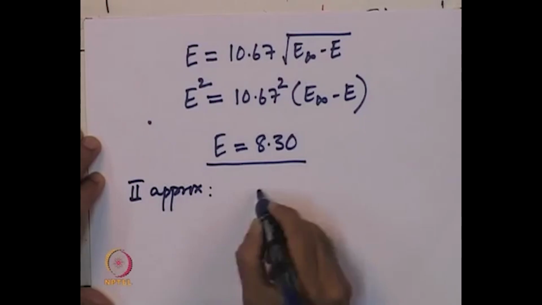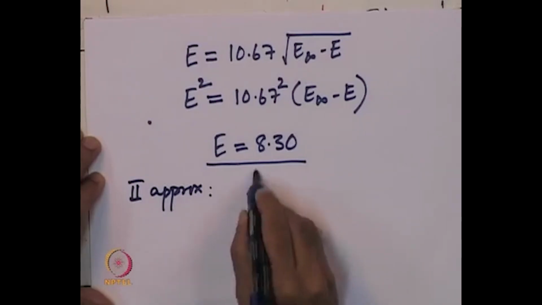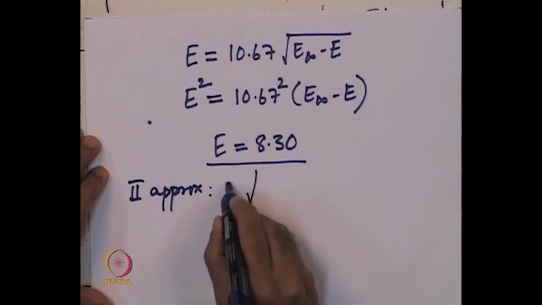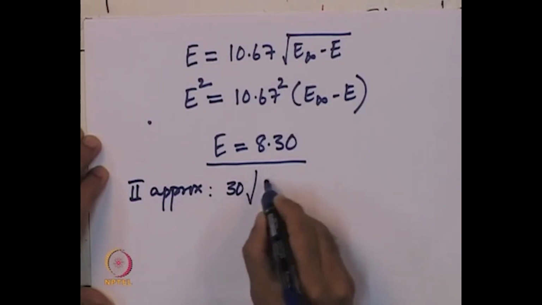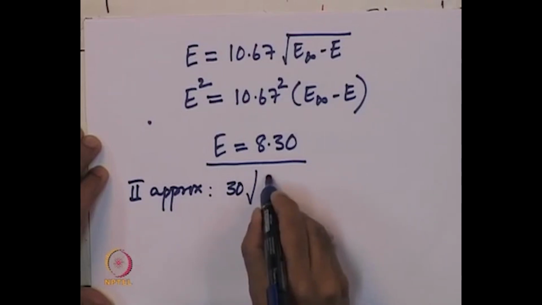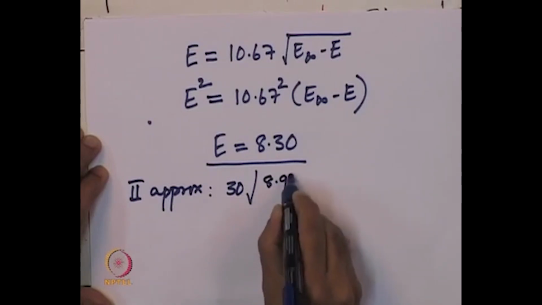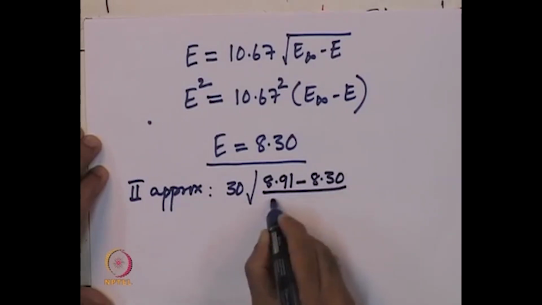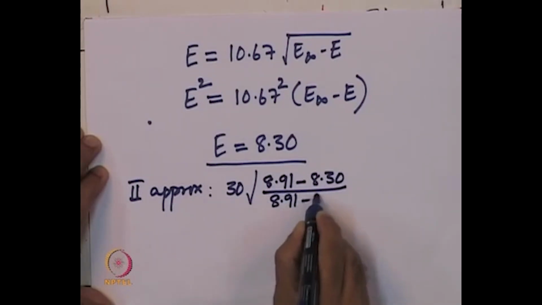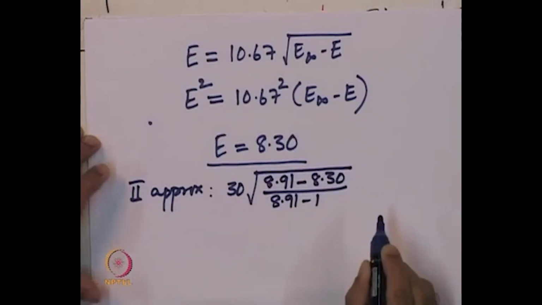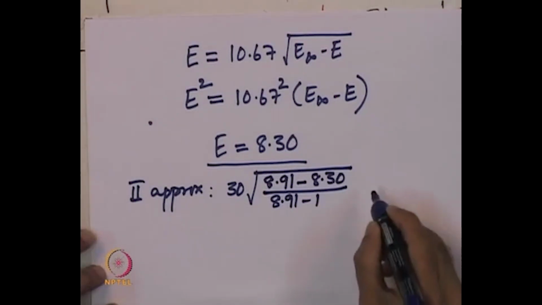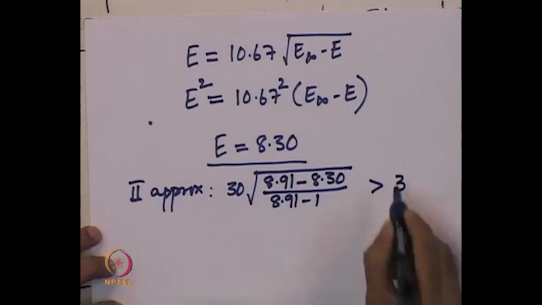where we calculate this quantity: square root of m, which is 30, times E infinity minus 1, E infinity minus E, divided by E infinity minus 1. So, this turns out to be a value that is sufficiently large that this is greater than 3.